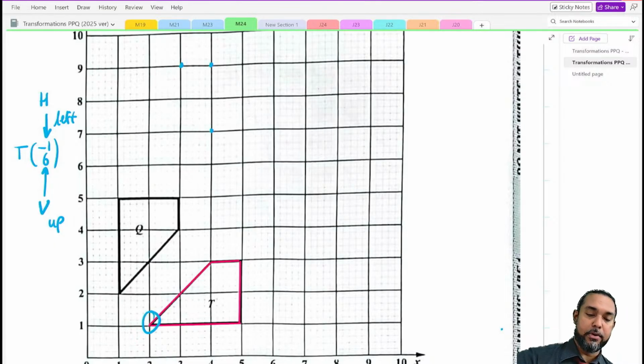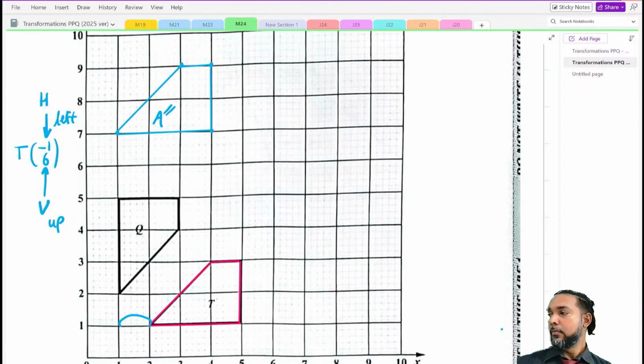And the bottom left-hand corner, again, 1 space to the left, and then 6 spaces up. Here. All right, cool.